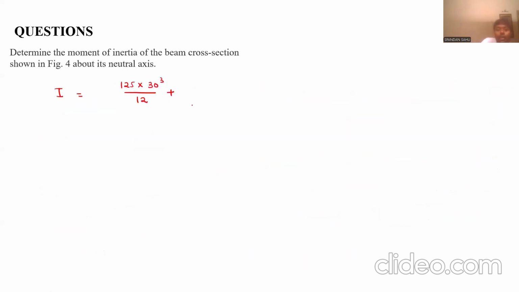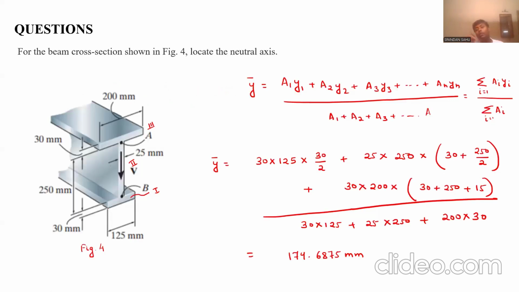So A is 30 into 125, into the difference of the distance between the actual neutral axis and the centroidal axis of that part, whole square. So it will be how much? It is 30 plus 125, then minus 15. Correct?